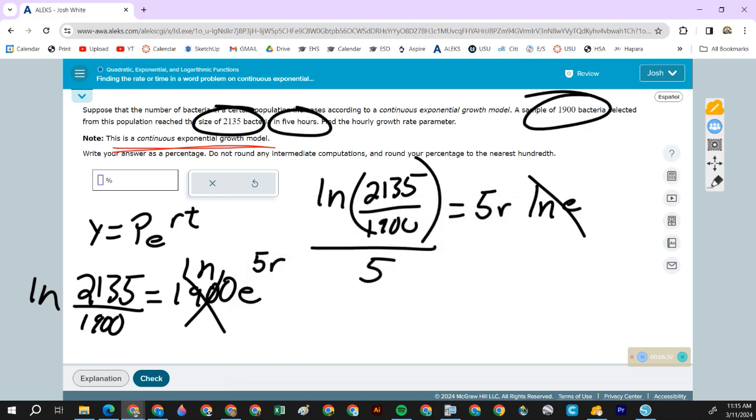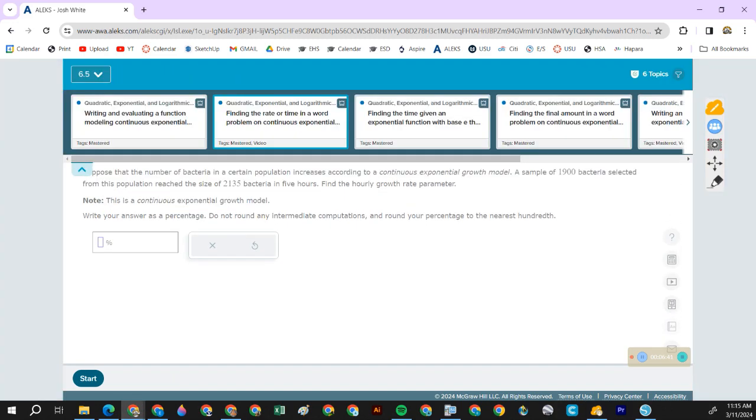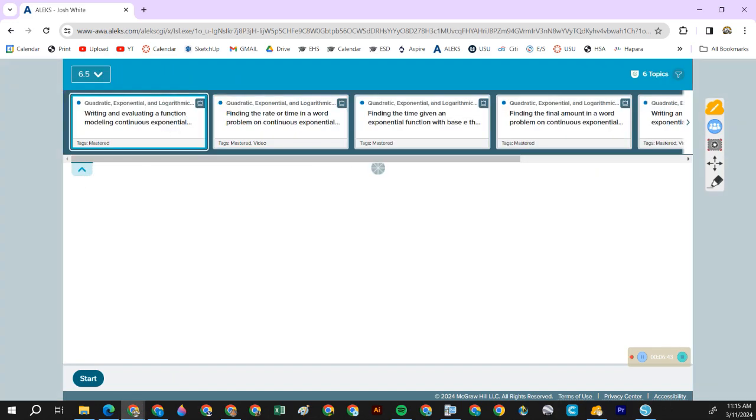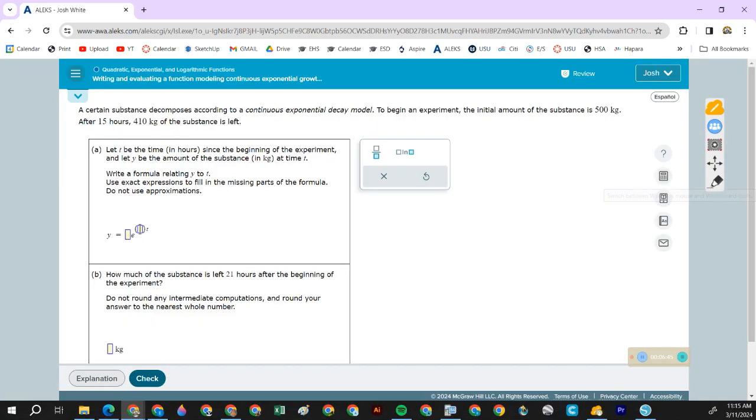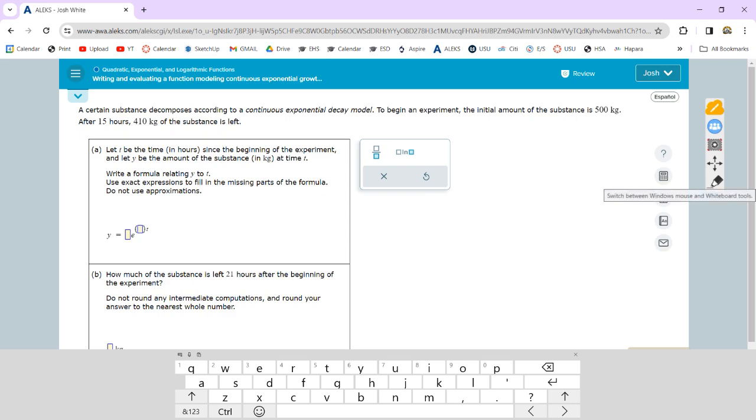All right, last one. A certain substance decomposes according to a continuous exponential decay model. To begin an experiment, the initial amount of the substance is 500 kilograms. After 15 hours, 410 kilograms are left.